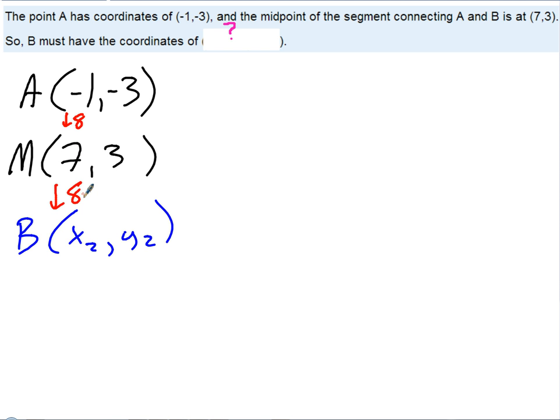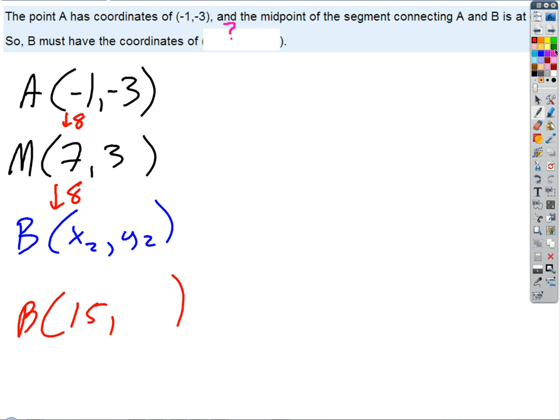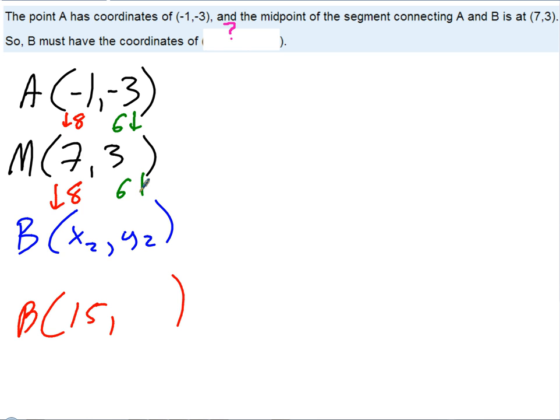Okay, so there's one way to do it. So I'm going to get answers of 15 and what else? Well, now, -3 to +3 is a change of what? 6. So I got to change by 6 again. 3 plus 6, 9. Okay, there's a way to do it. That works. That's a perfectly valid way to do it.